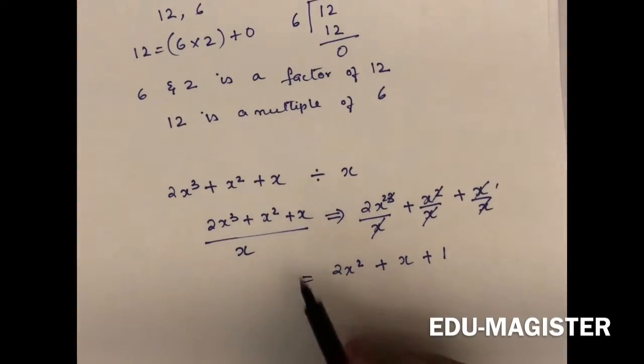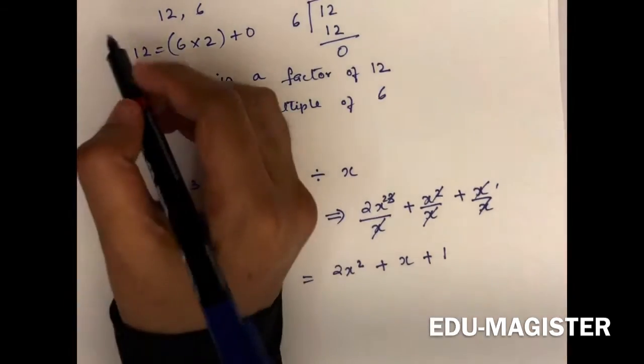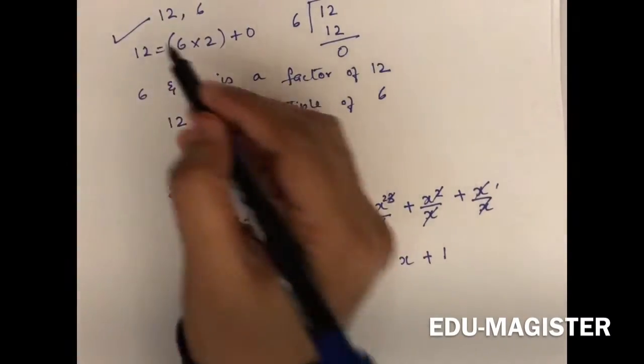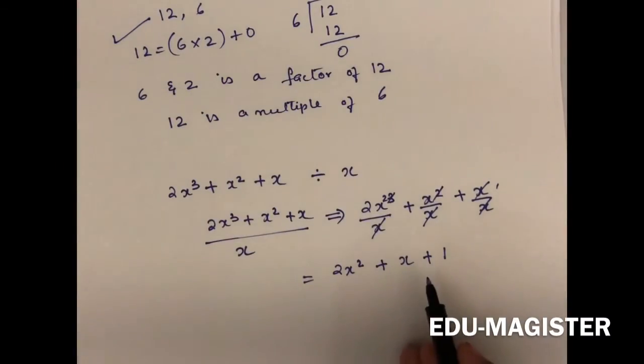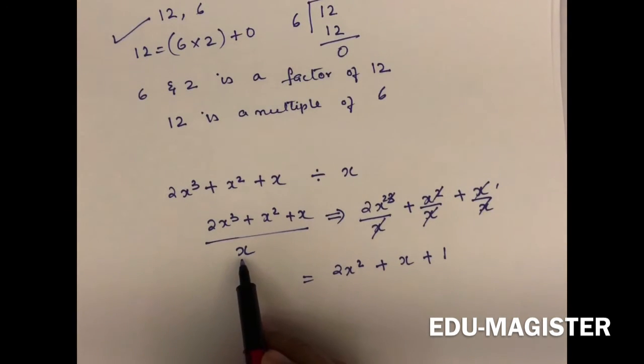Here, after dividing, I did not have any remainder, right? So this is similar to 12 and 6, there is no remainder. This polynomial is completely divisible by this monomial x, right?